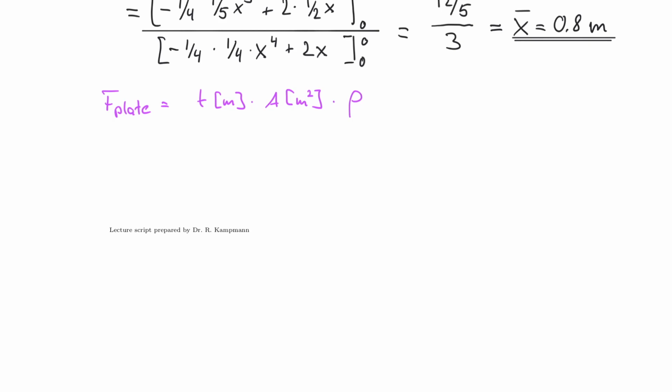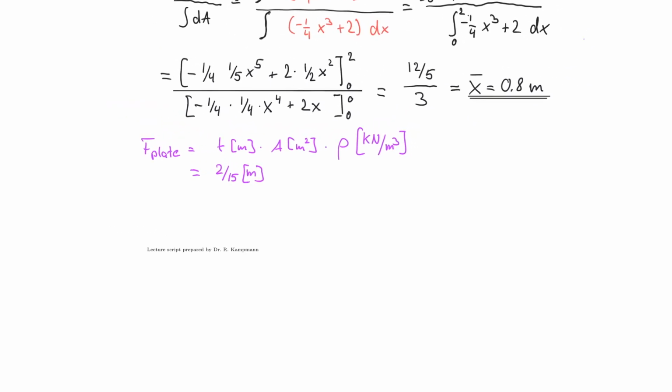And that is usually in kilograms per cubic meter, but I'm just going to violate that a little bit and go in kilonewton per cubic meter, because that's what we're ultimately after, as a force. So the thickness was 2/15 meters. The area I already calculated, so this here is actually the area, so multiplied by 3 meters squared.